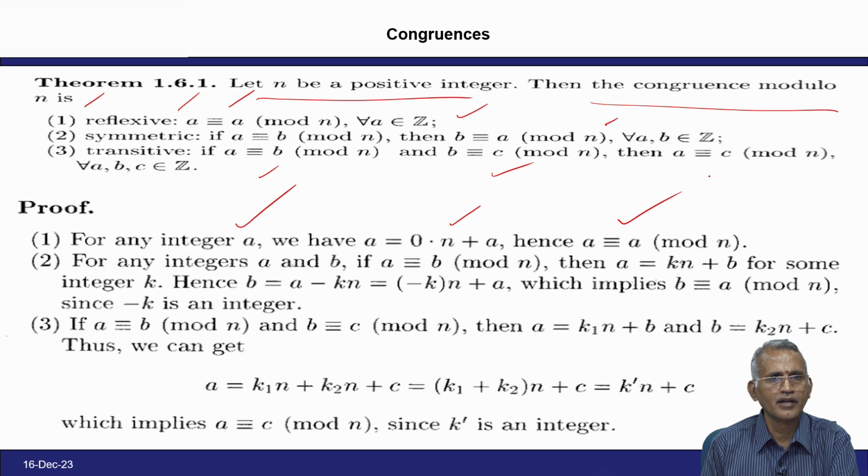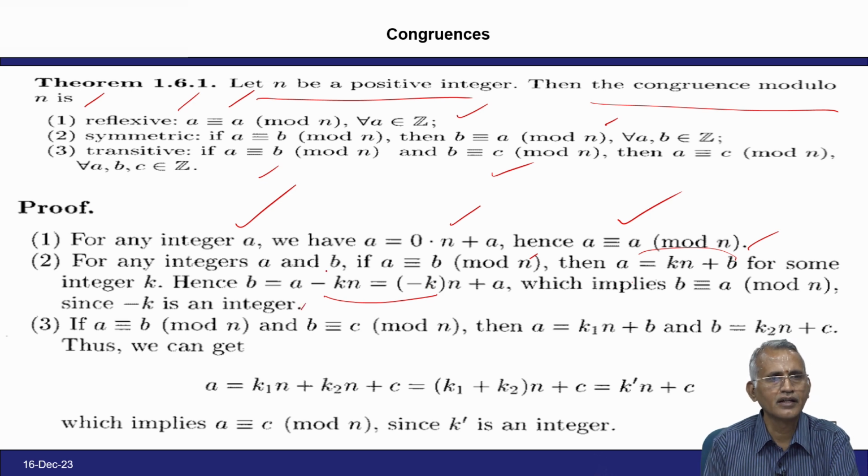For any integers a and b, if a is identically equal to b under modulo n, then a can be expressed as kn + b, because any congruence modulo can be expressed as a linear relation. Shifting, we can write b = a − kn, and this can be expressed as (−k)n + a. So, this implies b is identically equal to a under modulo n, since −k is an integer.